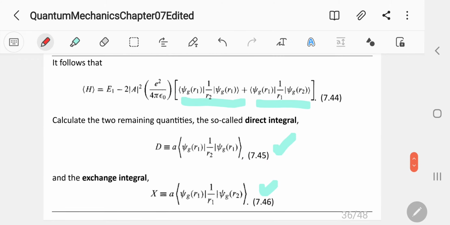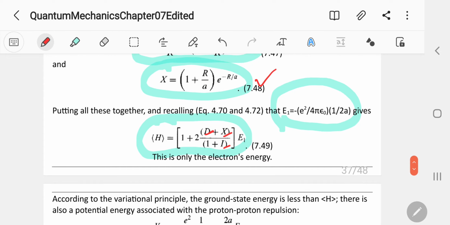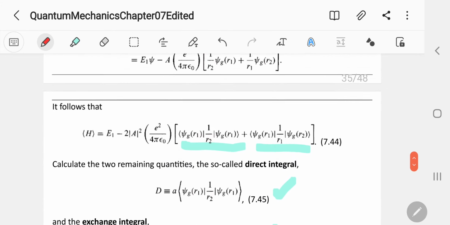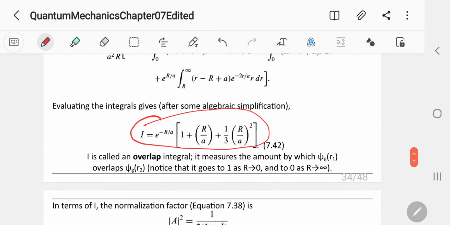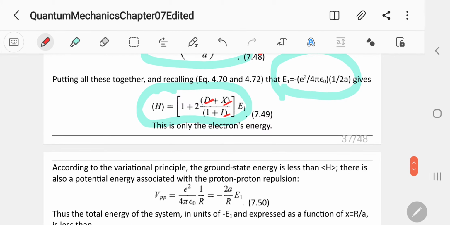It's longer when you write the expression with the ones given in equations 7.47, 7.48, and 7.42. So just to shorten the expectation value, we'll write this in terms of D, X, and I.